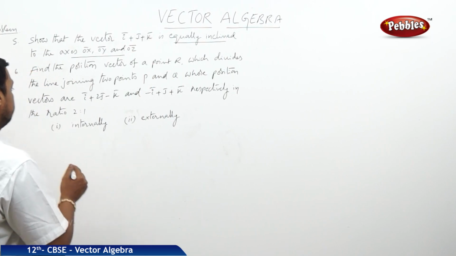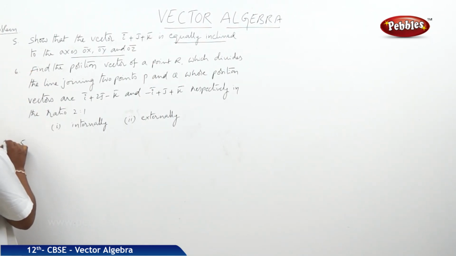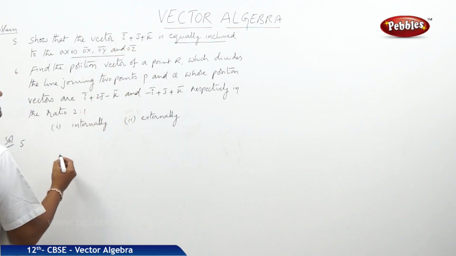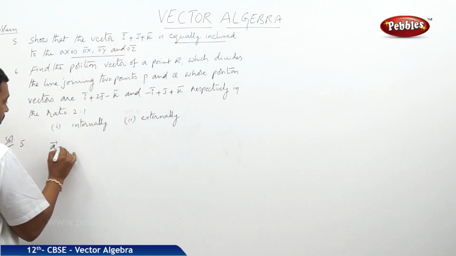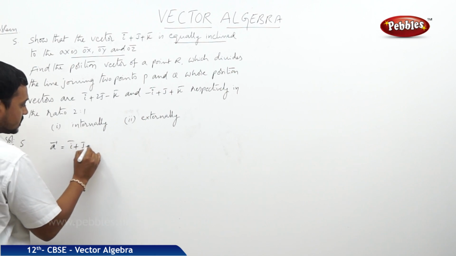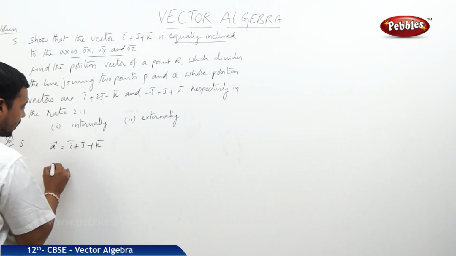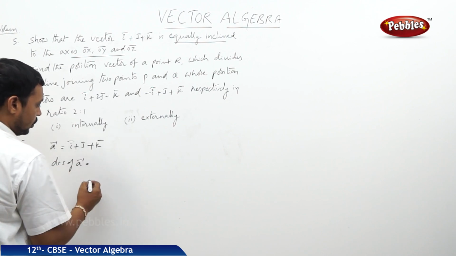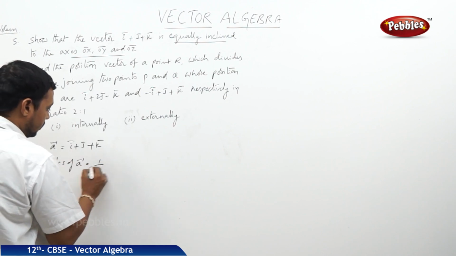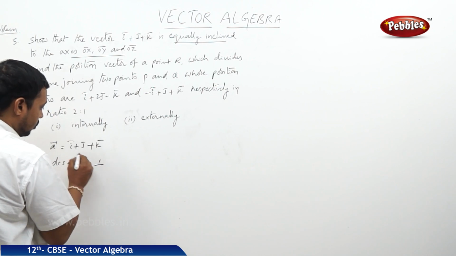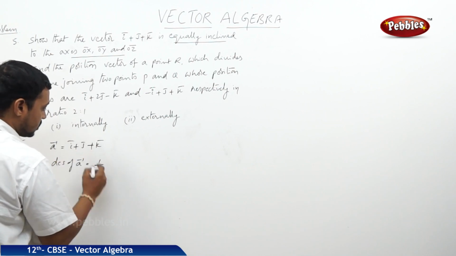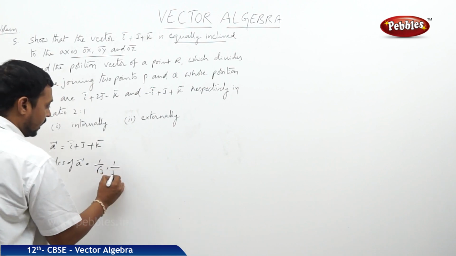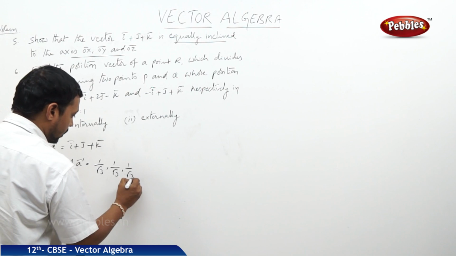Now let us see. Solution. Let us find the direction cosines of i plus j plus k. Let the vector a bar be i plus j plus k. Now the direction cosines of a bar are 1 by root of 1 plus 1 plus 1, root 3, and 1 by root 3, 1 by root 3.